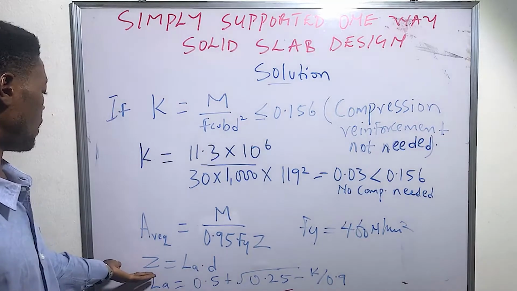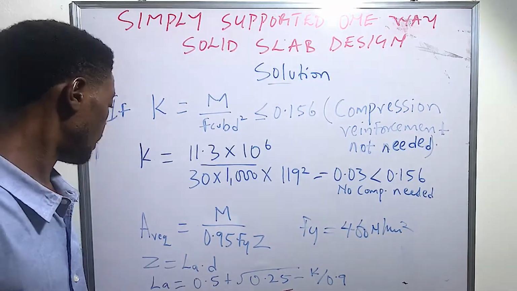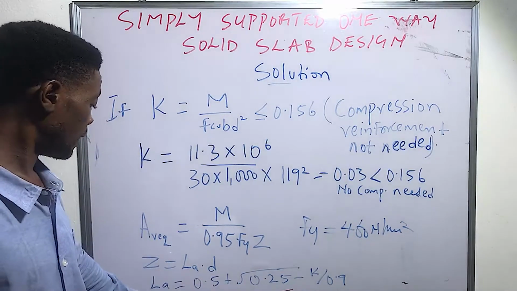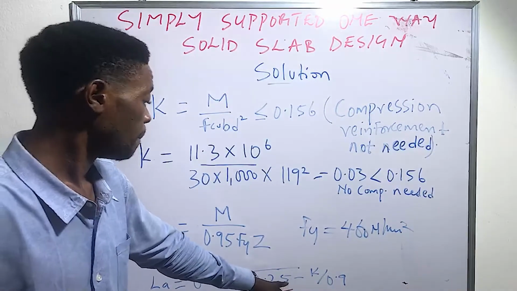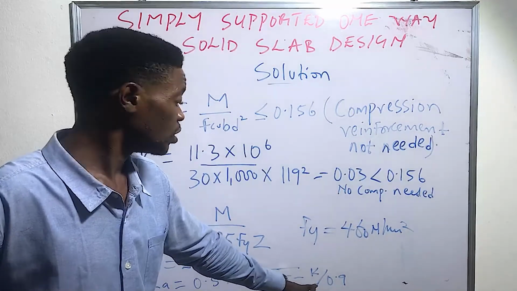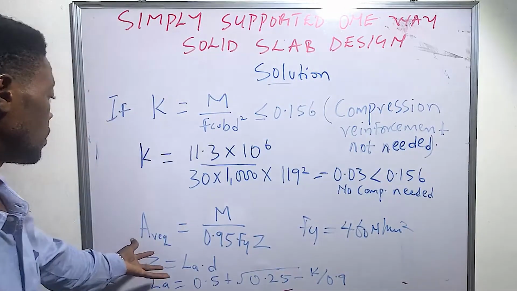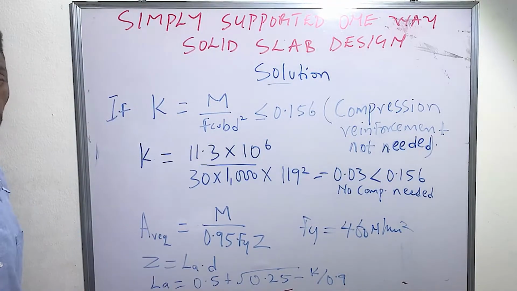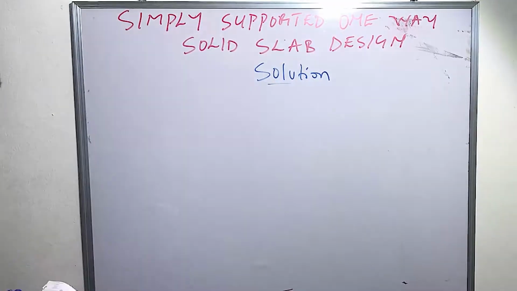Then Z is the lever arm, LA, multiplied by the depth. This is your effective depth. LA is 0.5 plus the square root of 0.25 minus K over 0.9. So we have to get the area of reinforcement, which is our area required.